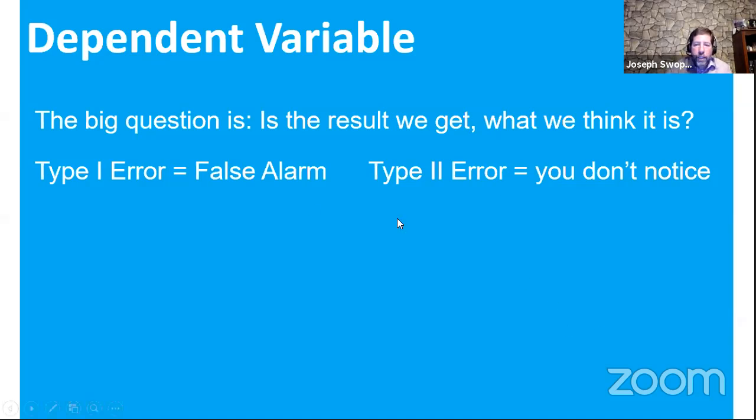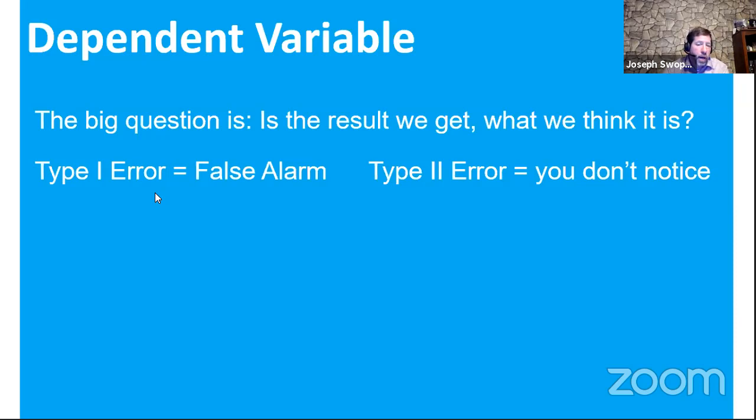The question is, is our result worthwhile? Is our result true? Or is it what we call a type 1 error? A type 1 error is when a researcher says, aha, eureka, my results are significant. But then they go back and look maybe a little bit more carefully.